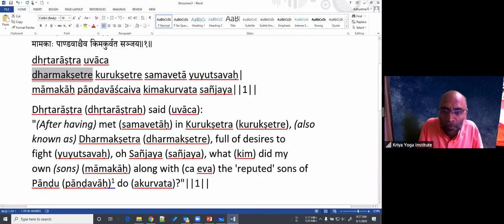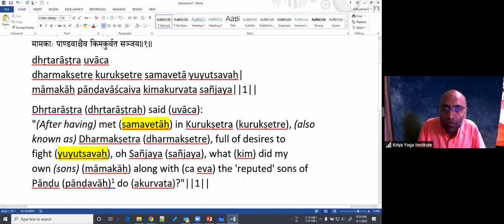I'll tell you an example here. You see Samaveta Yuyutsava. Actually, this word is Samavetaha with the visarga in the end, and the other word is Yuyutsavaha.